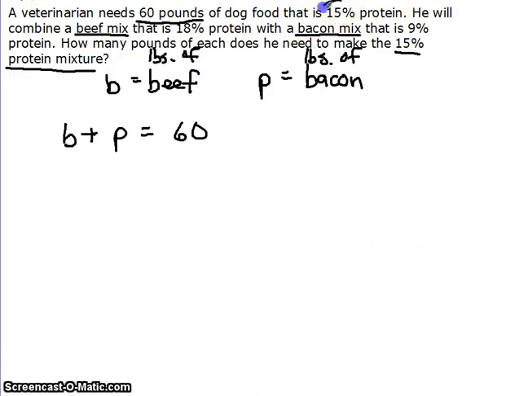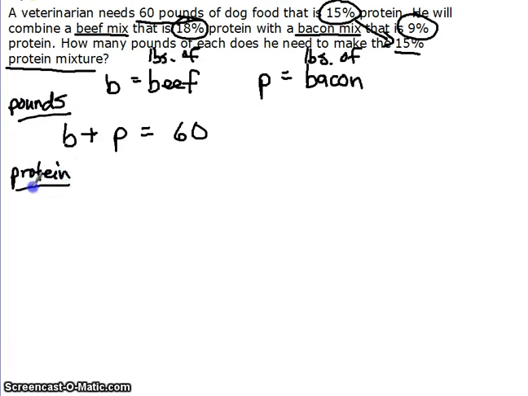It's going to involve this 15% protein and 18% protein, and well, all right, these two 15s are the same. The beef is 18% and the bacon is 9% protein. Okay, so this is our pounds equation. I like to label things so we know, and then this is our protein equation.